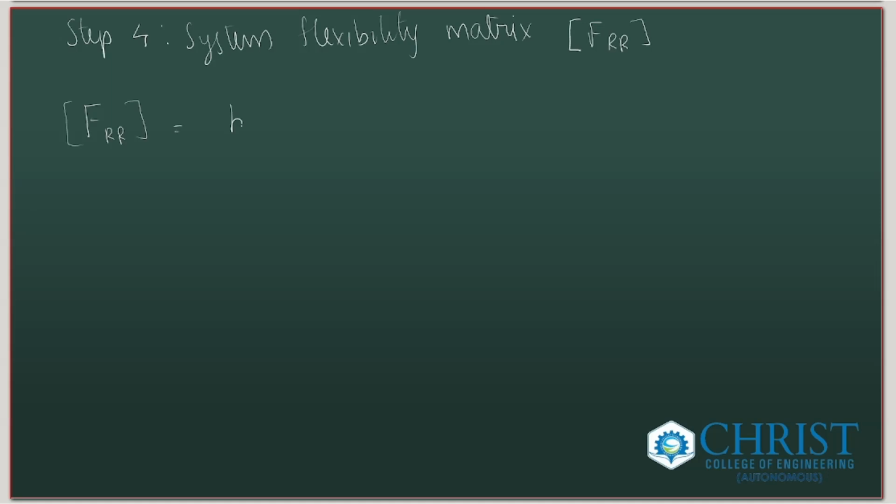Now, the next step is to find the system flexibility matrix. As we know, the system flexibility matrix is equal to the transpose of the force transformation matrix times the element flexibility matrix times the force transformation matrix.